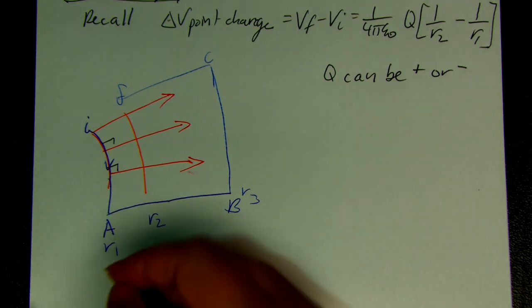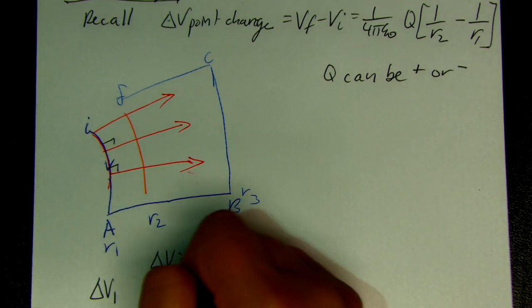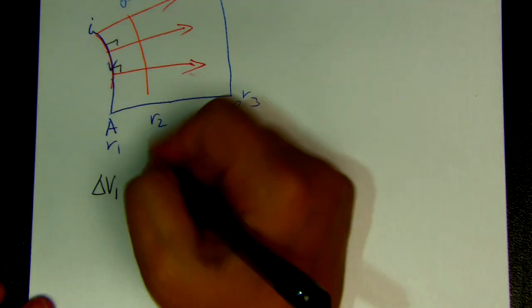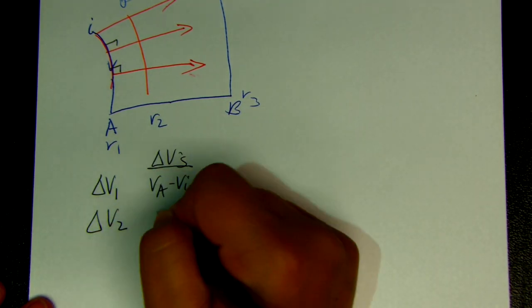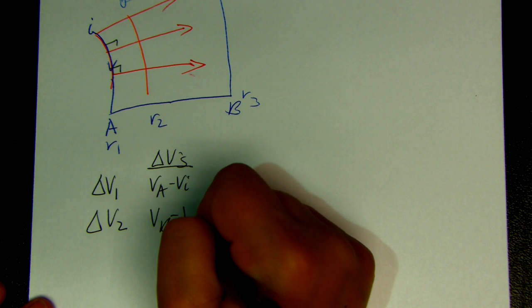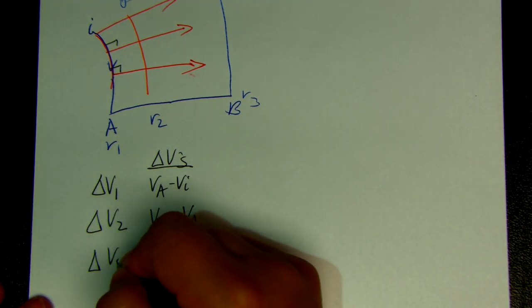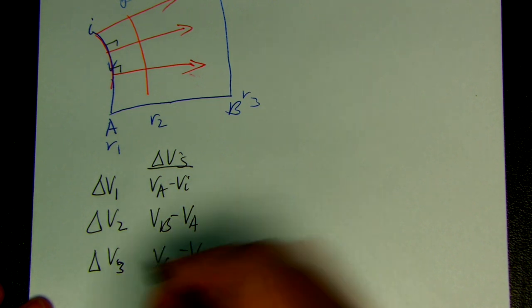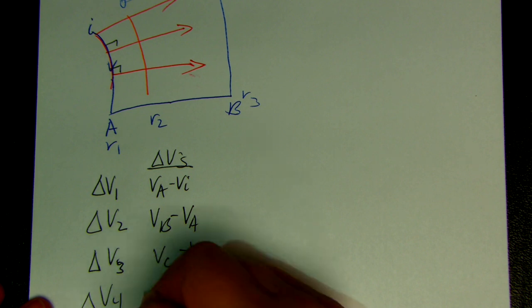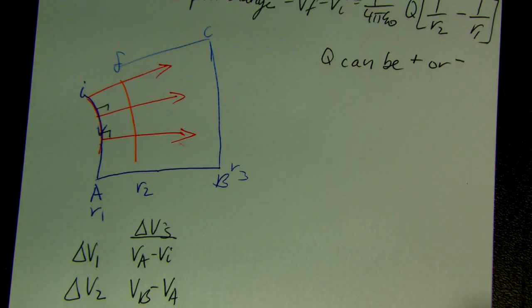So what we're going to look at is delta V1, which is going to be VA minus VI, delta V2, which is going to be VB minus VA, delta V3, which is VC minus VB, delta V4, which is V final minus VC. So just going all around.